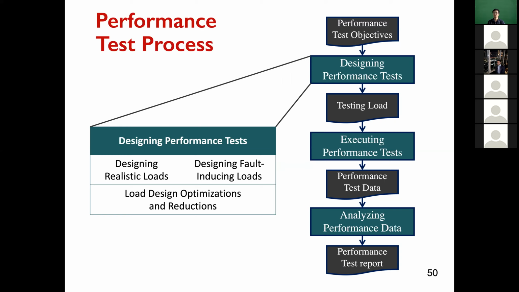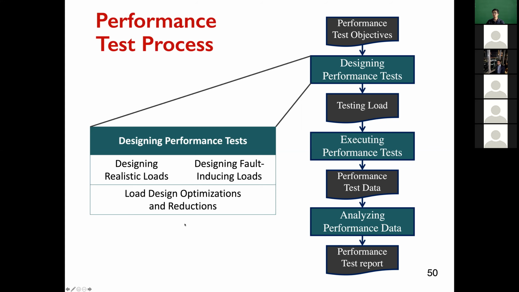If we want to mimic hundreds of millions of users using the system, it can consume a lot of resources and time, so we want to reduce the resources used and optimize our load test design.